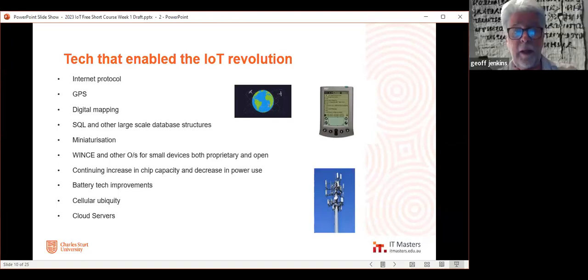Bear with me. The battery issue is very important, and we'll make a distinction in future weeks, already tonight, between a powered device and a device that has a battery.